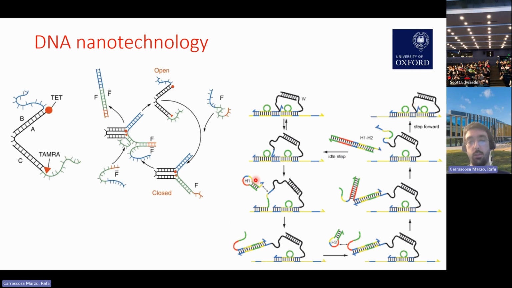By cycling through the introduction of these relevant elements, and with this complex interaction of the sequences here, because this is not as straightforward as the tweezer, it is a bit more complex, but I won't go into that detail. By introducing the right elements, you can force the system to change its state and take a step forward. Or, of course, it can go backwards or not take a step at all. So it's kind of an idle step.